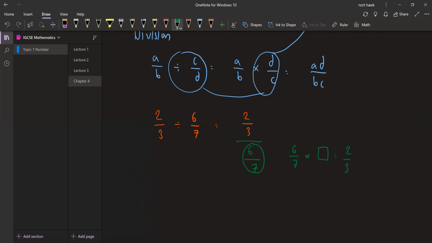So with this logic, we could multiply both sides by 7 right here, and this would cancel out that one, becomes 1. So 2 over 3 times by 7, and then I could times both sides by 1 over 6. This would be cancelled out to make 1. So that box would be equal to 2 over 3 times by 7 over 6.